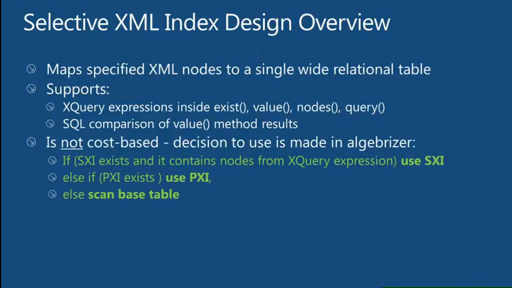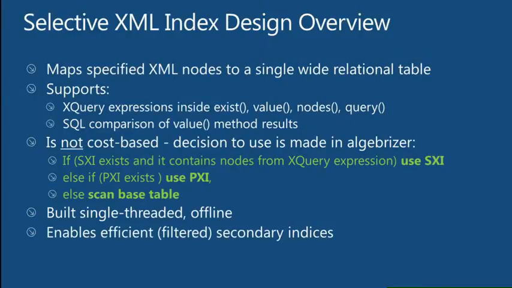It is not a cost-based index. So like the primary XML index, it will get chosen. If you have both a selective XML index, or SXI as we call it, and the primary XML index, or PXI as we call it, then the SXI will be taken first. Again, the same thing as in the PXI, it is single-threaded and offline in the way that it's created.